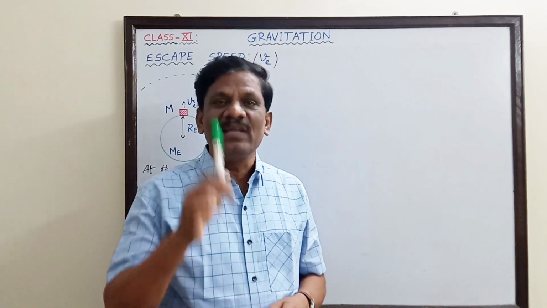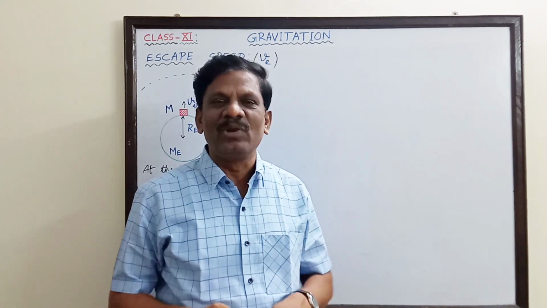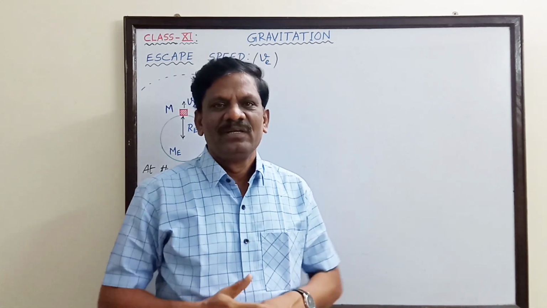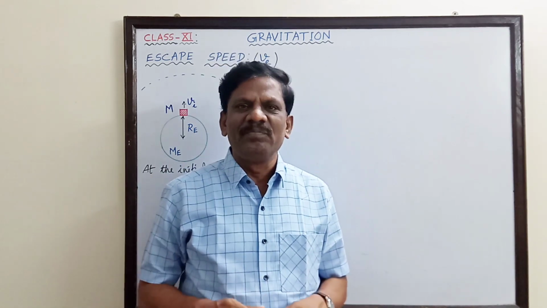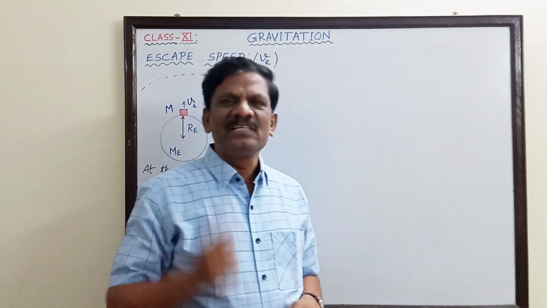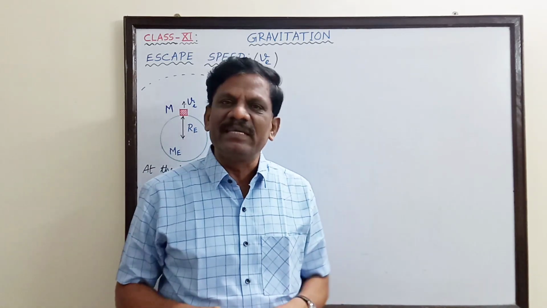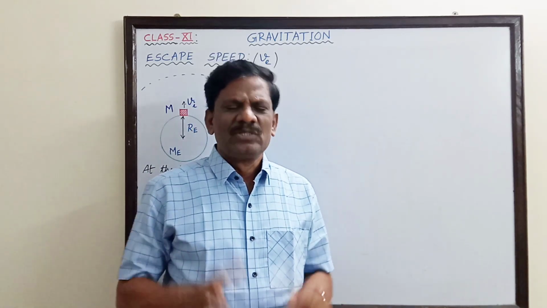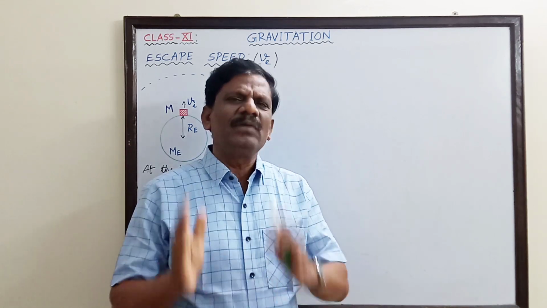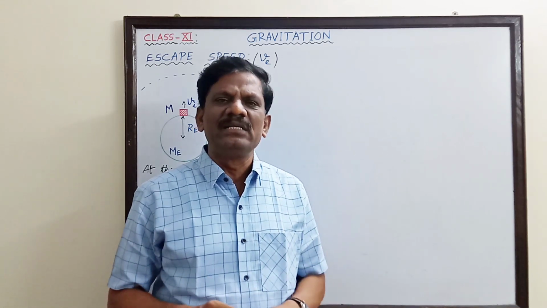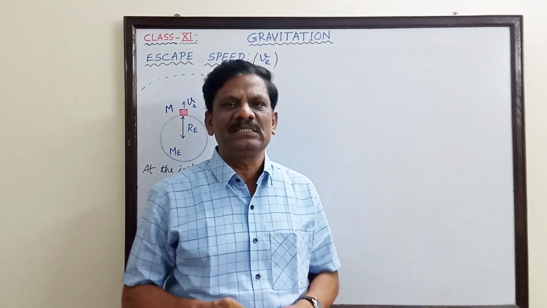That means it will escape the gravitational pull of the Earth. So it is called escape speed. The initial speed with which we project this upward is called escape speed. So the minimum required is 11,200 meters per second.